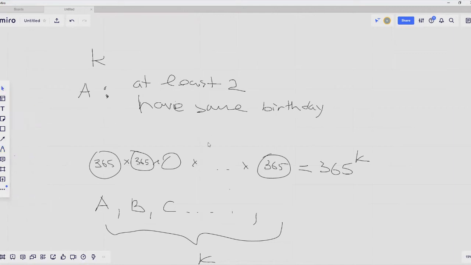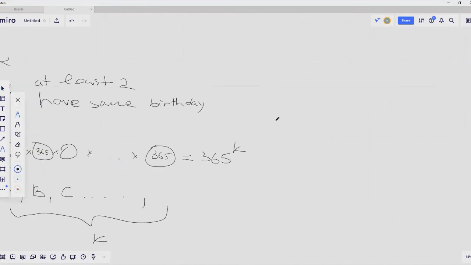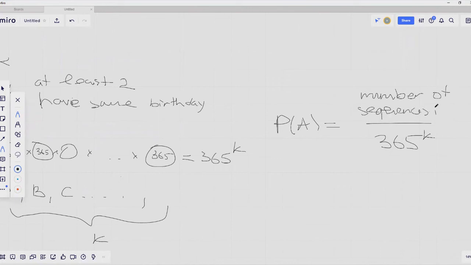So the probability of A might be expressed as the number of sequences in A over 365 to the power of k.